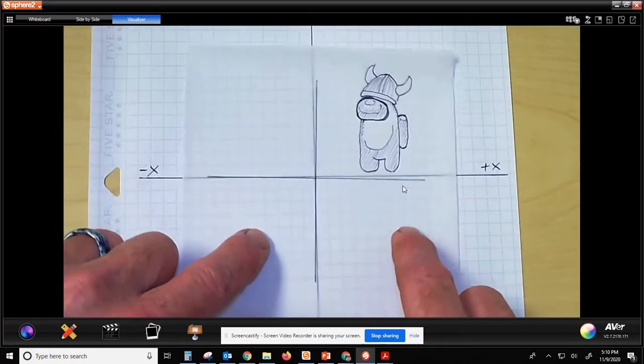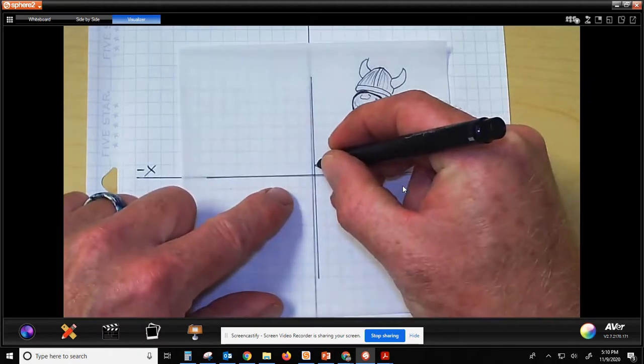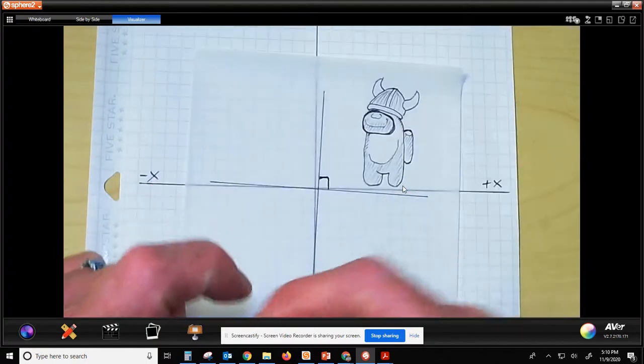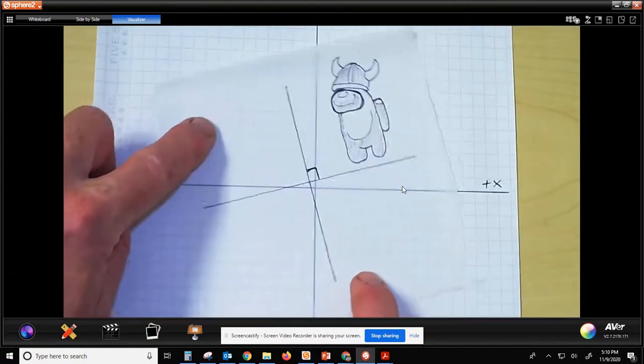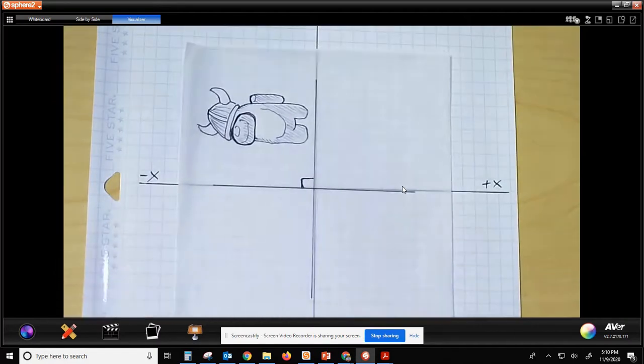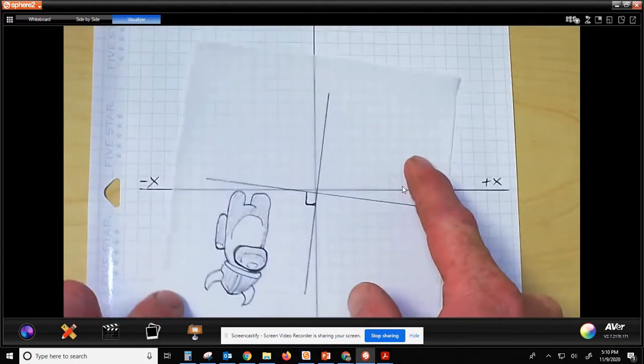There's 90 degrees. Maybe this would help if I put this onto my coordinate plane. That's a 90-degree angle. Let's go another 90 degrees. There's 180, and here is 270 degrees.